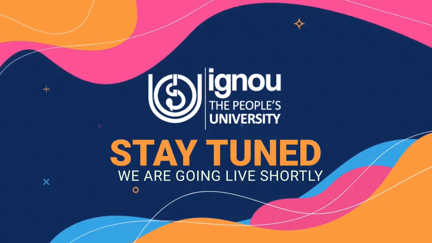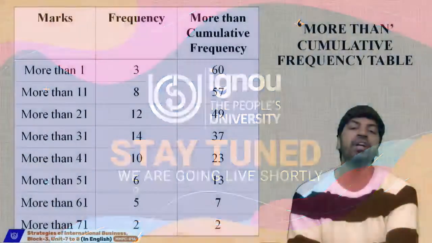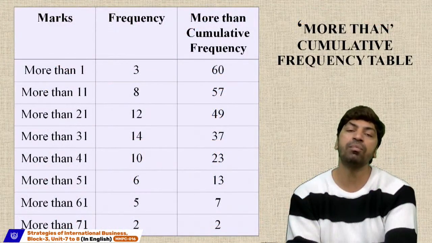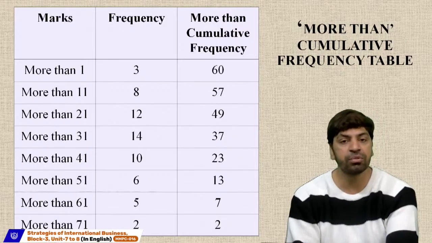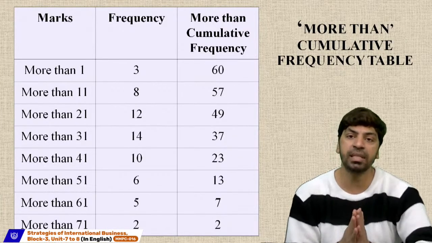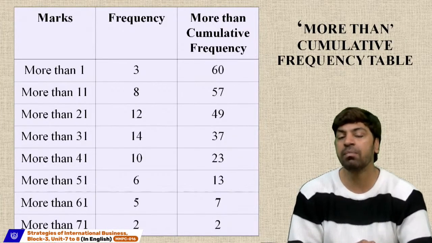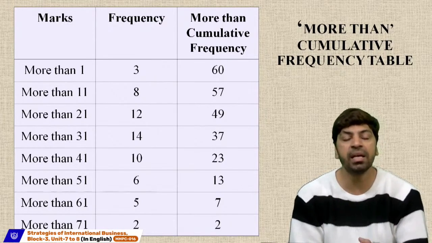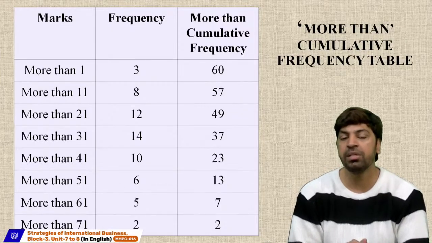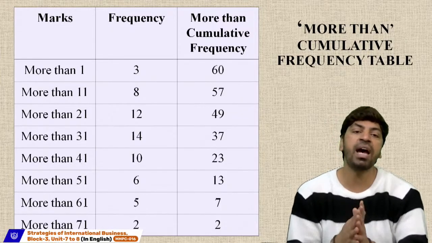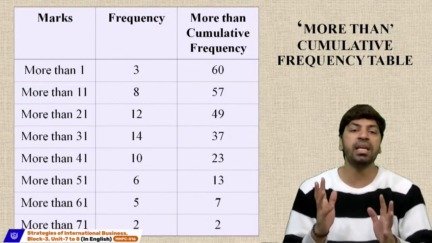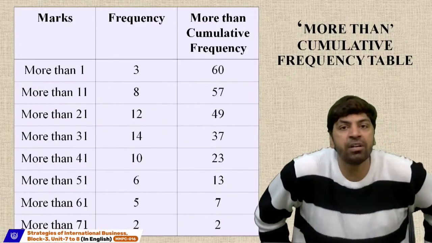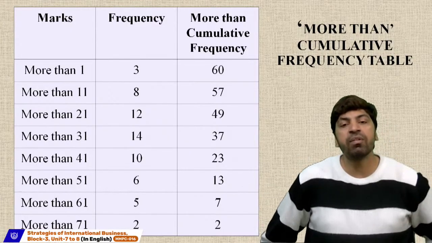The last frequency, that is 2, and the ending value of the more than cumulative frequency, that is also 2. It should be the same. If it is not the same, that means there is some calculation mistake or some conceptual error. So it would be good to verify that you have the same figures at the end of the more than cumulative frequency table.